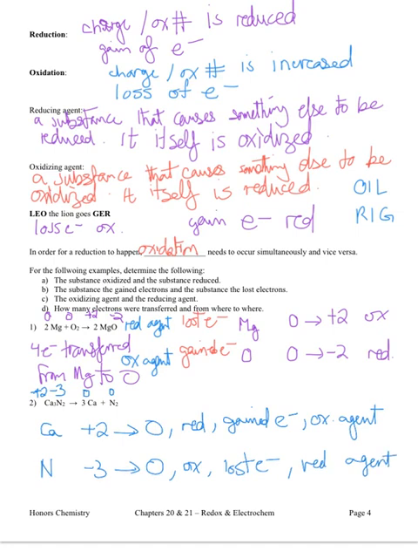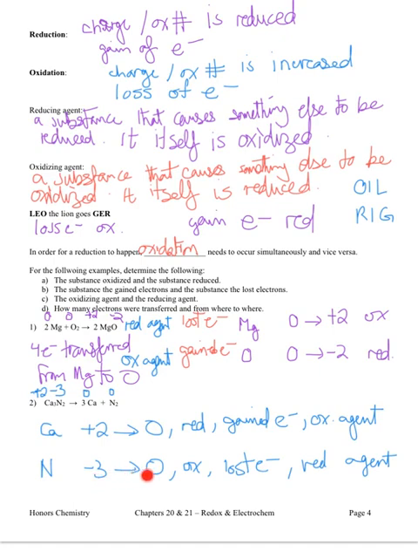The last question says, how many electrons were transferred and from where to where? So let's check calcium. Calcium went from +2 to 0. So it gained electrons here. Each calcium must have gained 2 electrons to go from +2 to 0. But there are 3 calciums. So if each gained 2 electrons, 2 times 3 would be 6 electrons gained total. Let's look at nitrogen. It should give you the same answer.